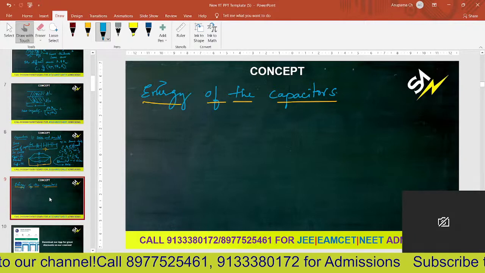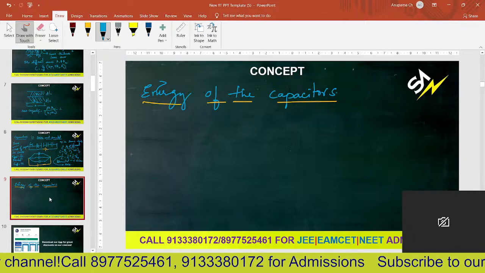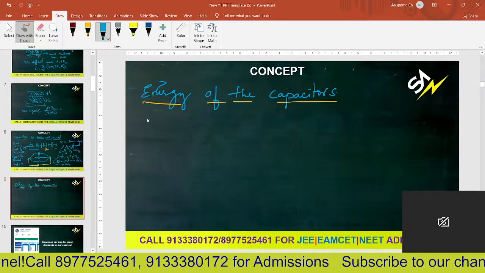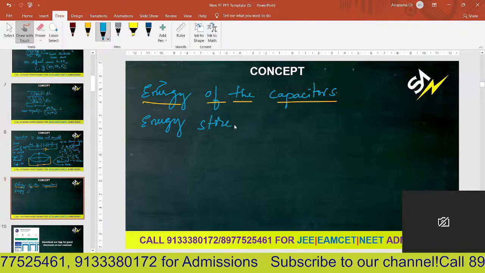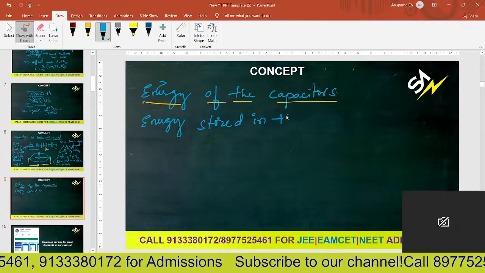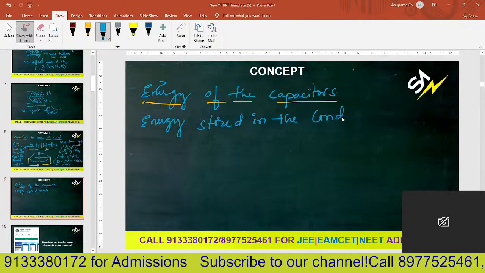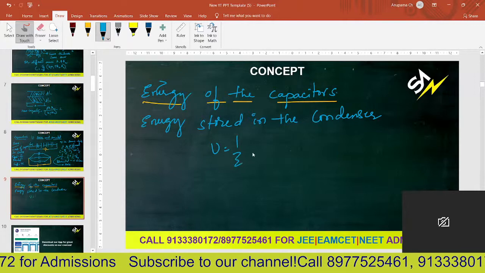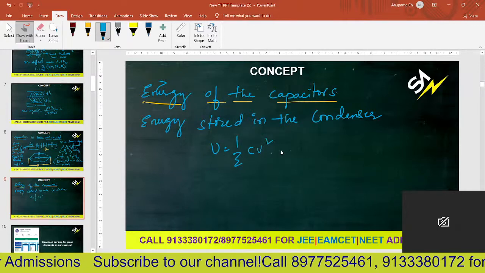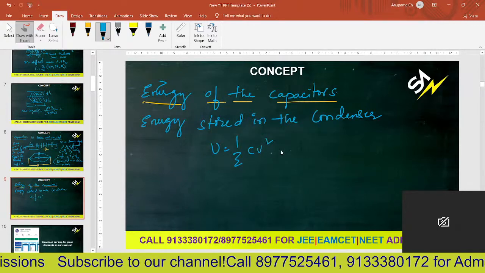Now let us take energy storage in the capacitors. The energy stored in the condenser is given by U equals half CV square. So this is the energy stored in the condenser.